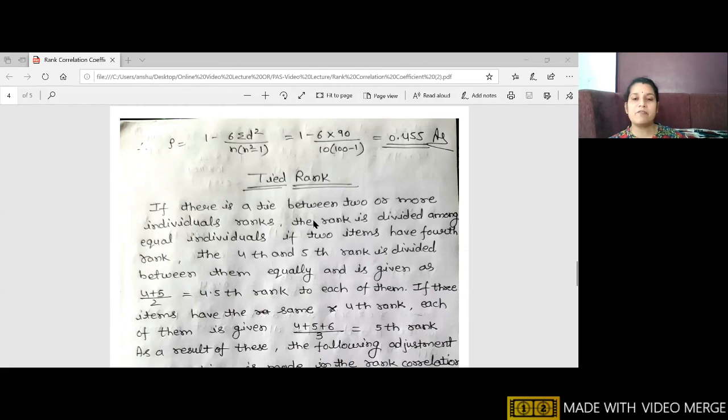So 98 is first rank, 95 is second rank, and the third highest is 90. But two students secured 90 marks, so 90 is the third rank. According to the third rank, two students have the same rank. So in case two students have the same rank, this type of question we call tied rank.